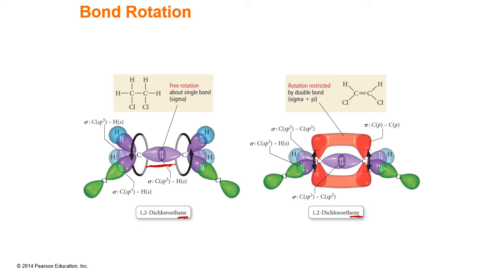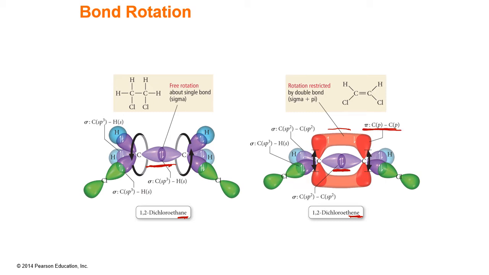freely. However, if we have a double bond that forms from our unhybridized p orbital, we form a pi bond. So we have a sigma bond in the center, and we have a pi bond that forms in our unhybridized p orbital.